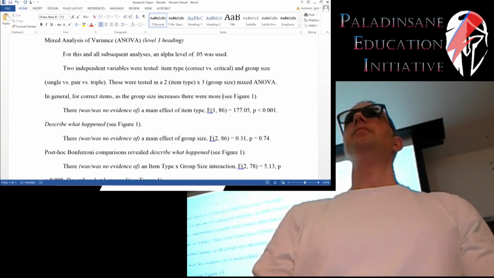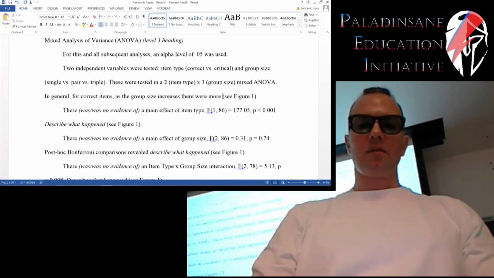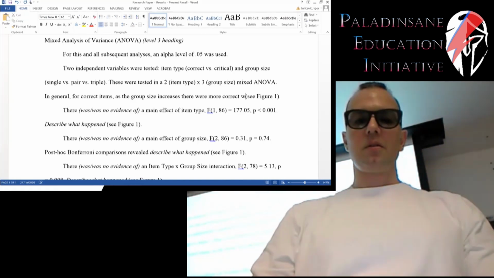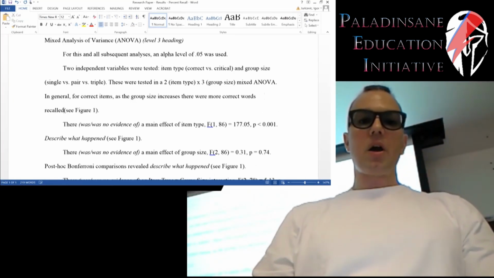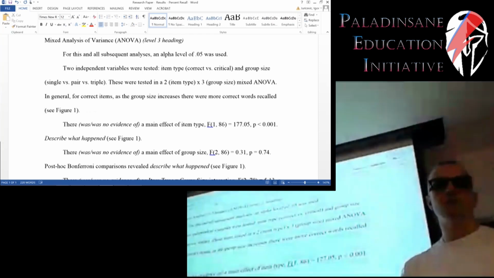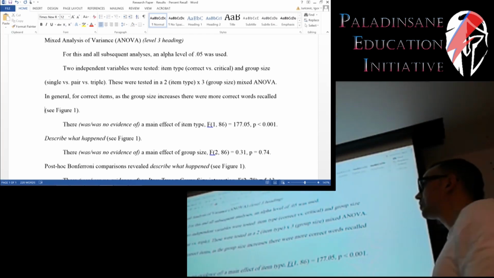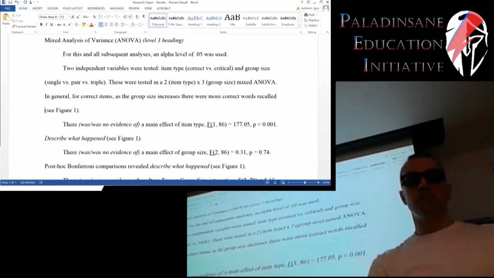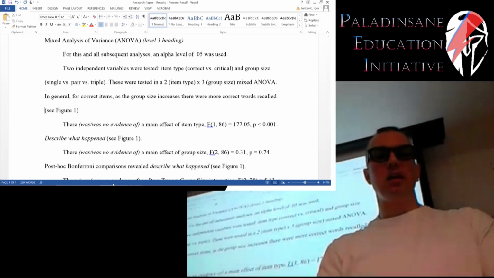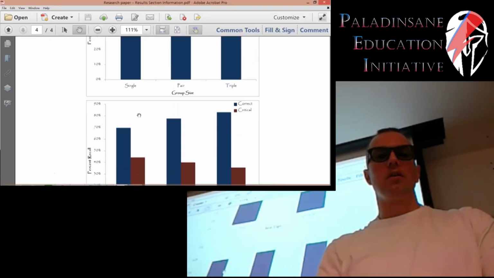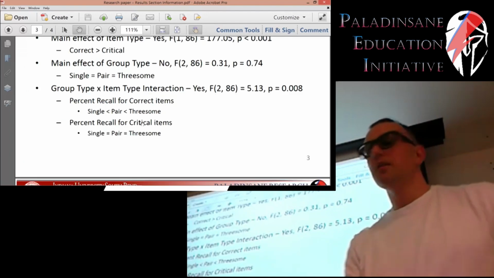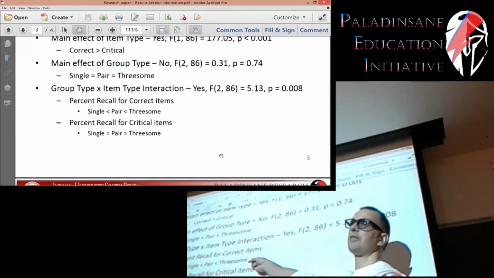What was that last part? There were more correct words recalled. All right. So in general, for correct items, as group size increases, there are more correct words recalled. That's true. And if you take a look at the inferential stats here, that's exactly what we have down here.